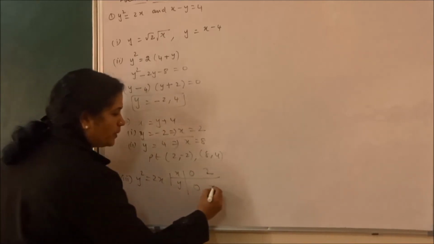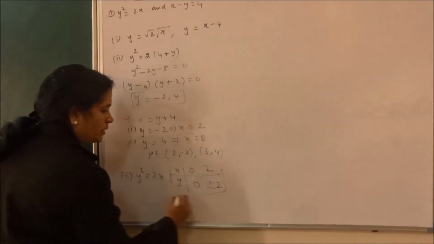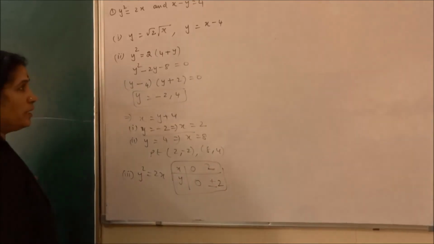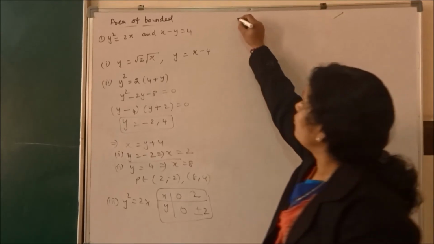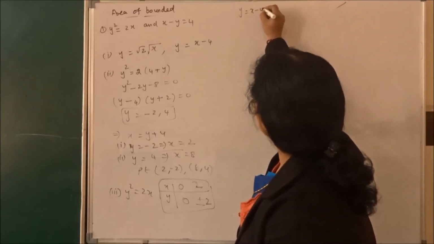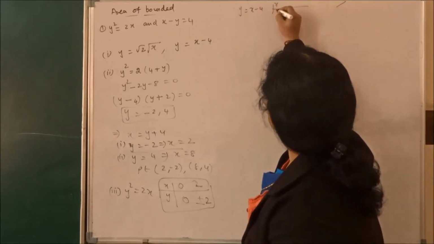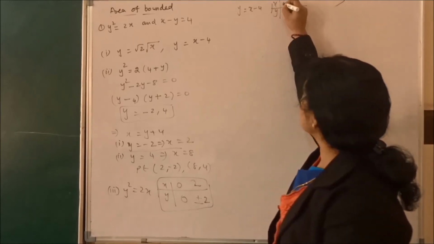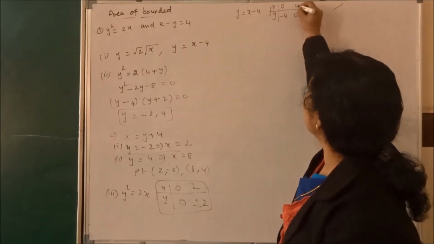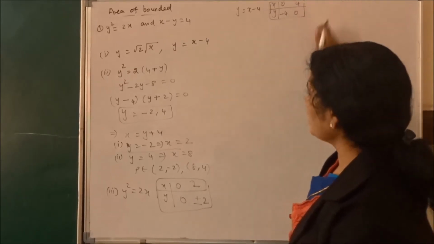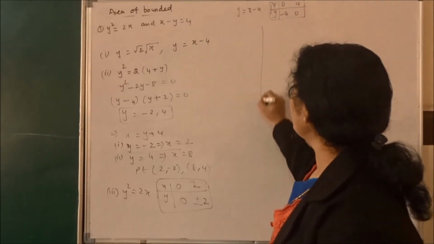Then I take another line, y equal to x minus 4. If I substitute x is 0, y is minus 4. If y is 0, x is 4. Am I correct? Now see the diagram.